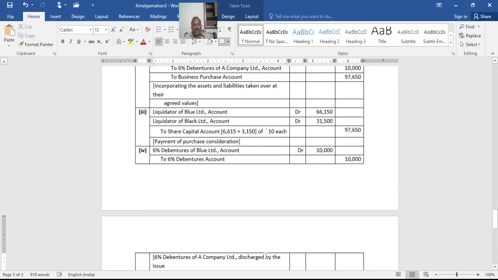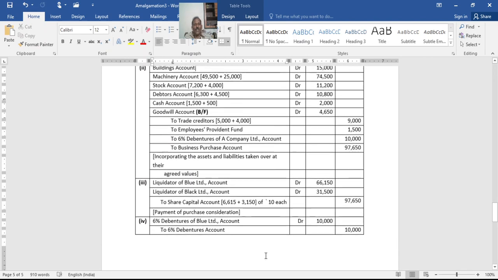Here equity shares of 10 each are issued, no premium, no discount, and it is credited to equity share capital. In total you have calculated number of shares into 10, 97,650, and 6% debentures. It is said that debentures of Blue Limited will be settled by the issue of the same denomination and same face value. So 6,000 debentures, 6% debentures.